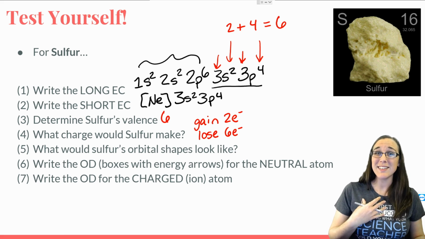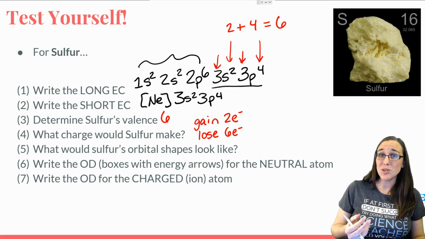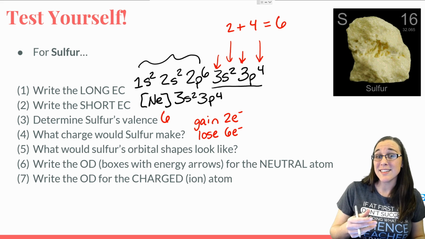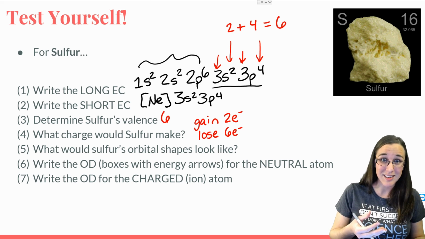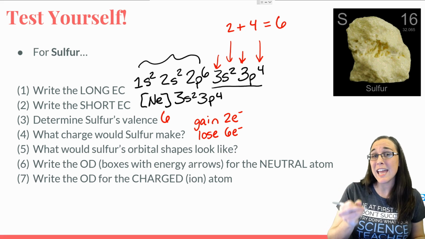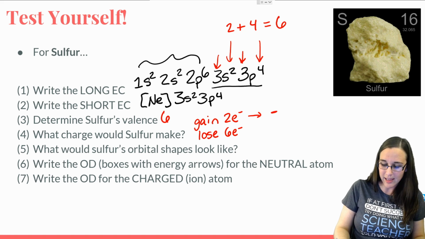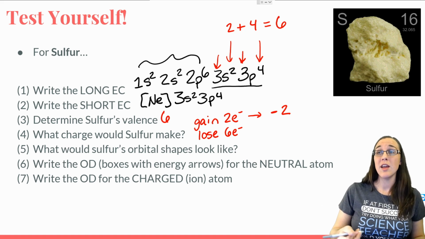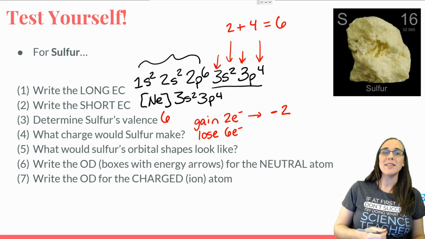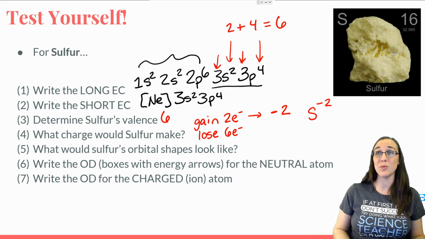Just like human beings, these atoms take the path of least resistance, and sulfur is going to choose the thing that's easier. In this case, that's gaining 2 electrons rather than losing 6. If you gain something negatively charged, an electron, you become negative. You gain 2 negative charges, so the charge sulfur would make is S 2-.